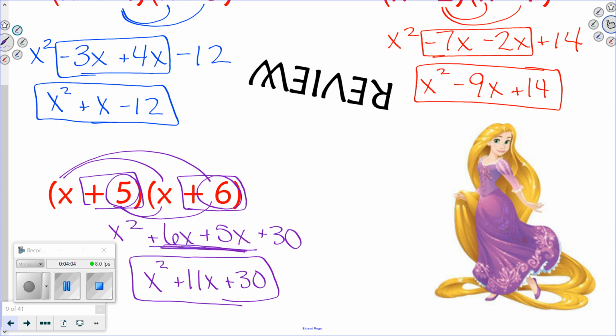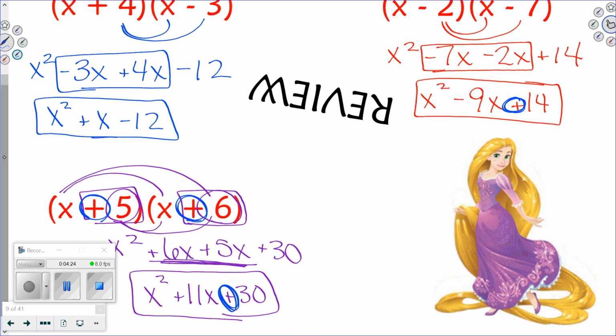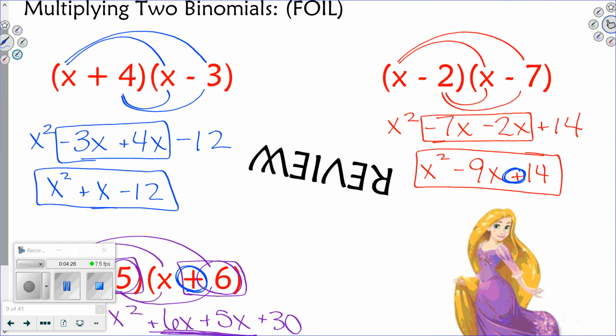The other important thing we have to look at is our signs. That's a positive 30. How do you multiply to get a positive number? A positive times a positive. Look at my signs. They were both pluses. Now wait a minute, this one has a positive at the end. A negative times a negative will still make a positive, right?